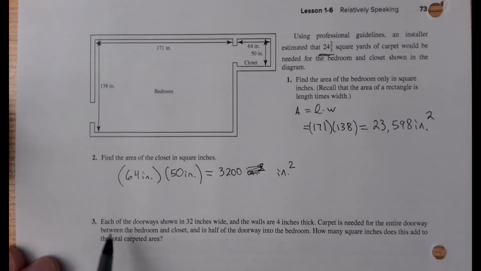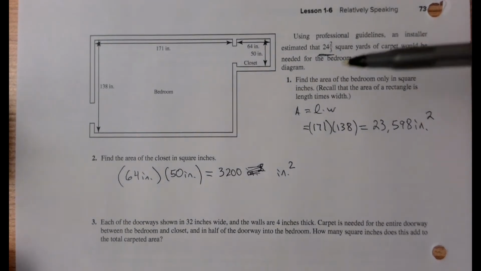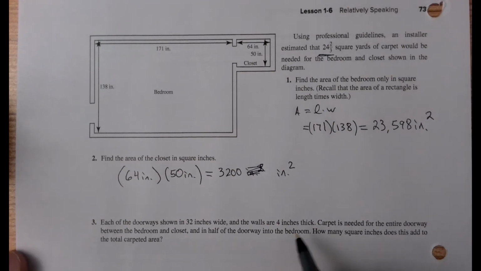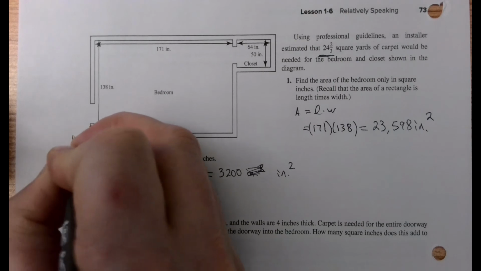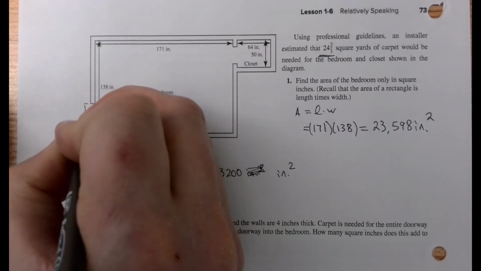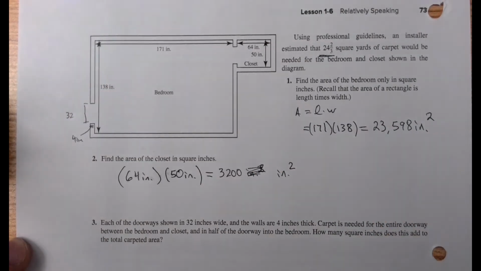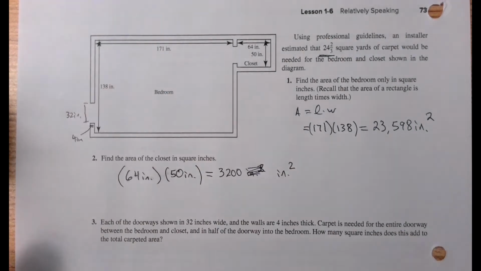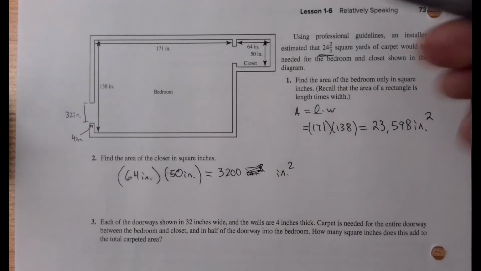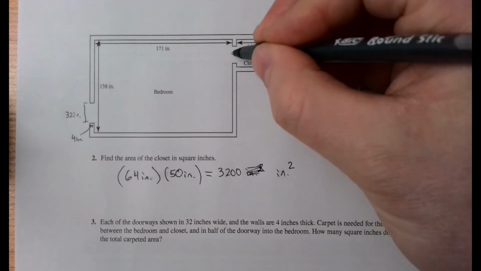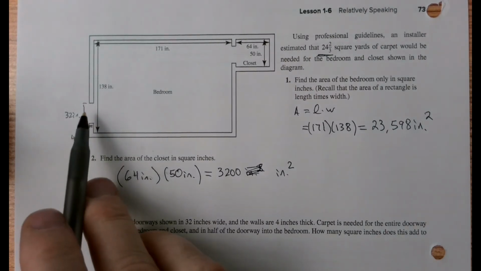All right, and then we're told that each doorway is 32 inches wide, and the walls are 4 inches thick. So this measurement here is 4 inches, and then the distance from here to here is 32 inches. And carpet is needed for the entire doorway between the bedroom and the closet. So we need all of that here, and then only half of that up here.